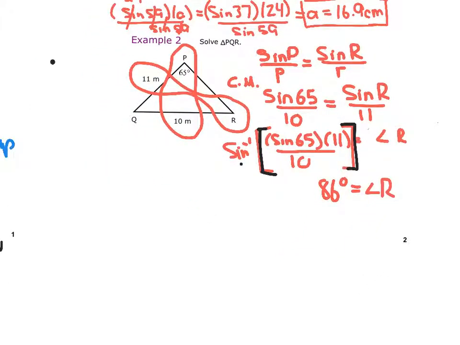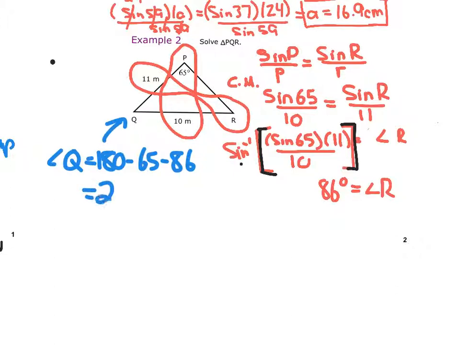We can easily solve for angle Q now because we know that a whole triangle adds up to 180 degrees. So we can subtract 65, and we can subtract 86, and we're left with 29 degrees.